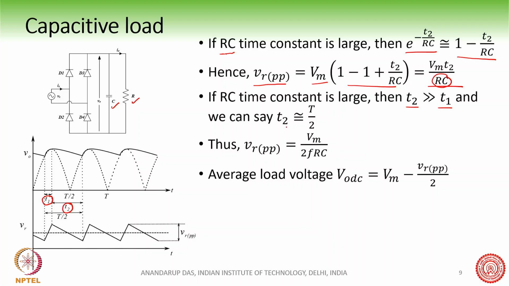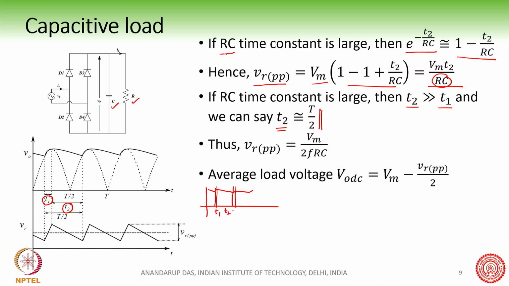So we can say that T2 is almost covering the whole of the half time period. So if you see the voltage here, this is T1, and this is T2, and then a very, very small T1 and a very large T2 like this.